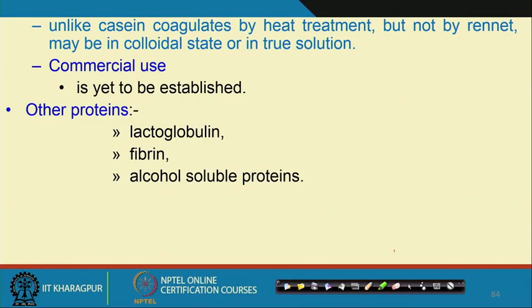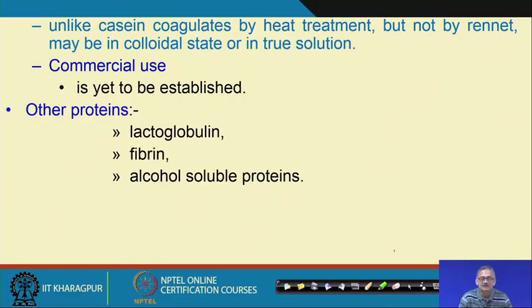So, by applying heat, the whey protein is coagulated, right, but not by the rennet. It may be available in colloidal state or in true solution, right.